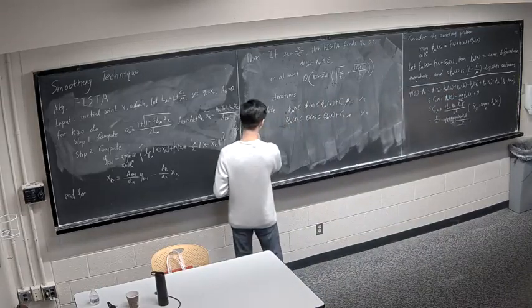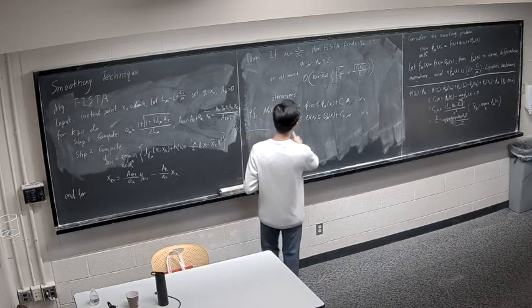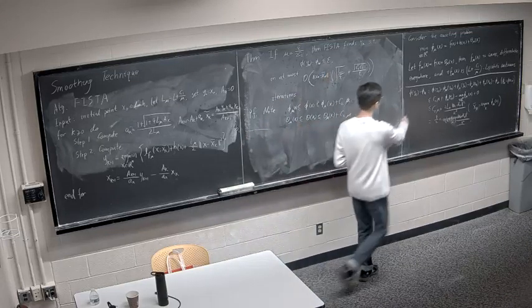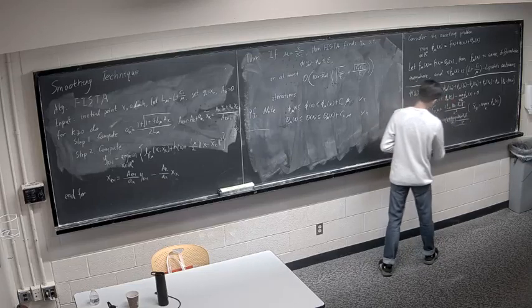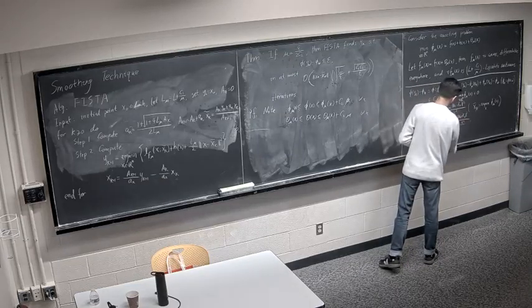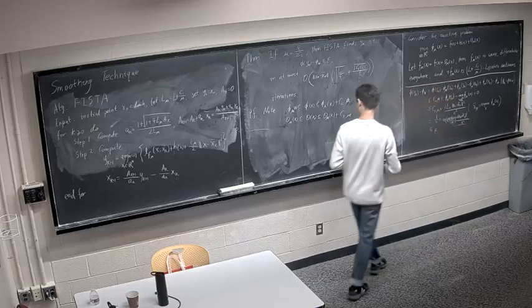Okay, so let's continue here. Our goal is to find an epsilon solution. So we want to upper bound the whole thing by epsilon. That is to say, we want to bound this term by epsilon over 2, right?